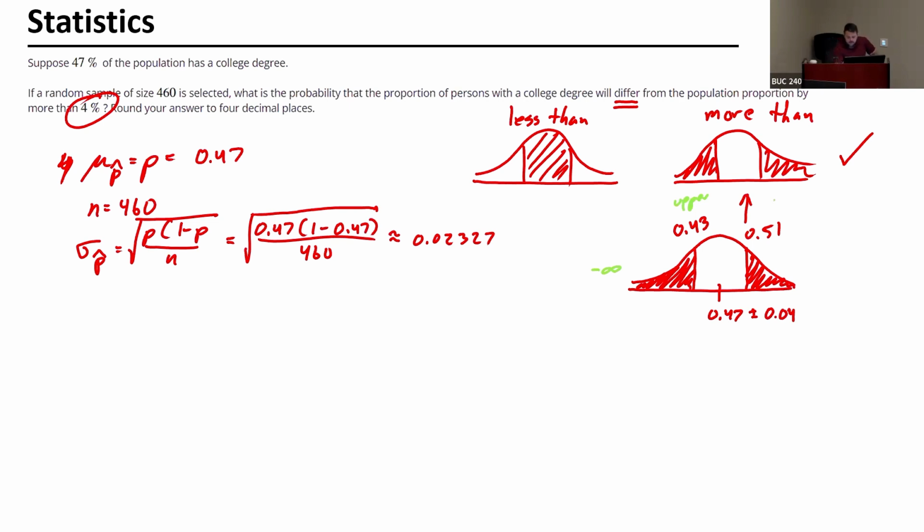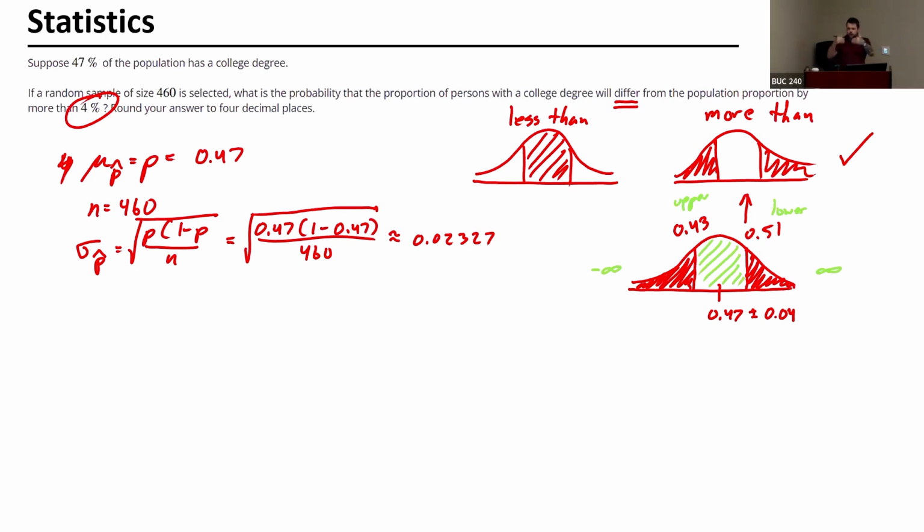Or this could be a lower, and it's shooting off to positive infinity, right? And that could be the upper. And then whenever I found one of those areas, I could multiply it by what? 2. Or you could find the area of this and then do 1 minus, because that would be the complement of it.